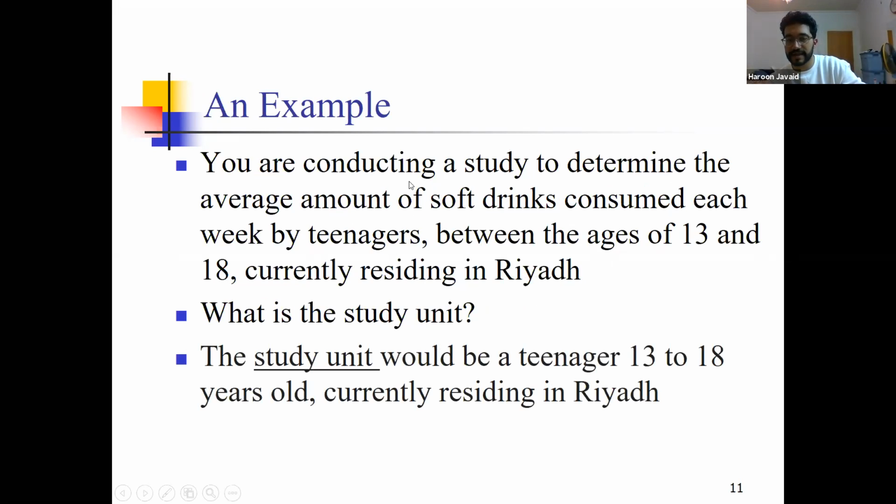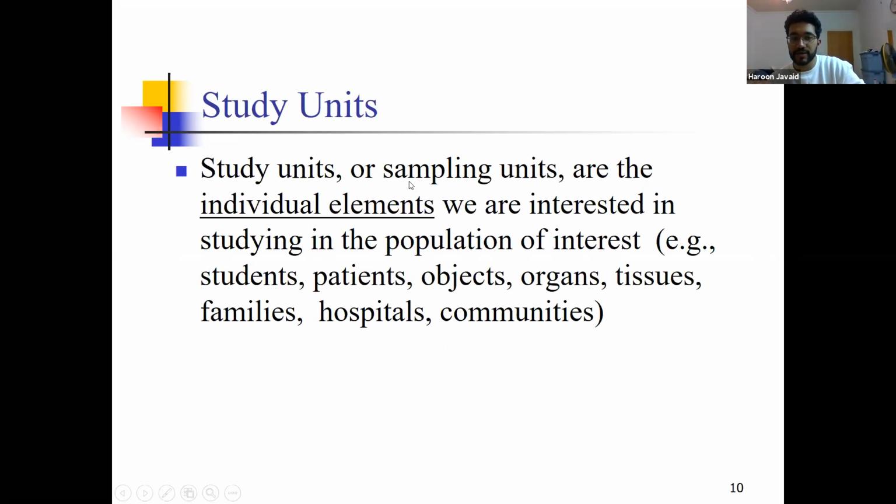It's not the soft drinks. That's the only caveat to this, because the individual elements that we are interested in studying are the teenagers. So the participants of the study basically means the study unit or sampling unit, okay?